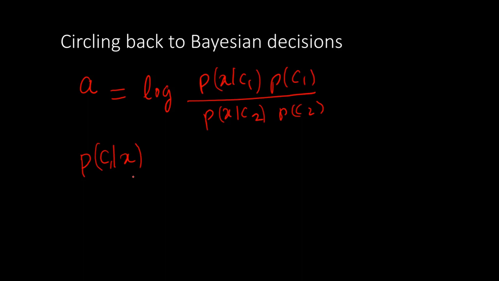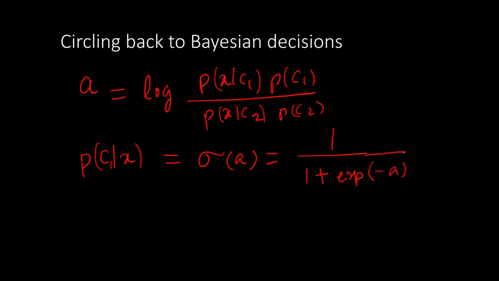This will come out to be sigma of a, where sigma is the logistic function, which is 1 over 1 plus e to the power minus a. You can easily derive this: if we plug in this particular value of a, what we will get is p of c1, in particular p of x given c1, p of c1, divided by p of x.